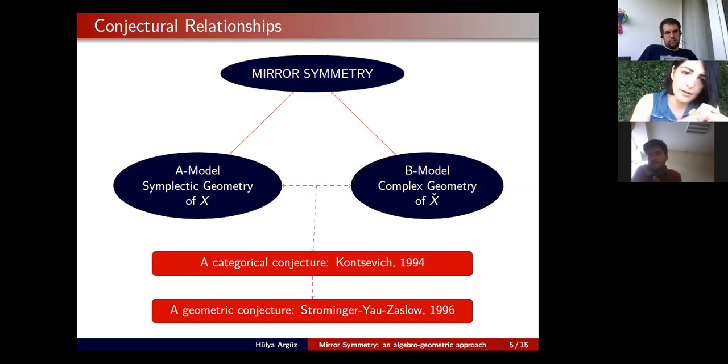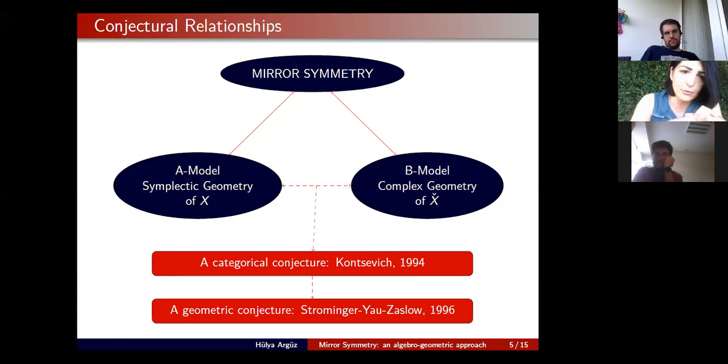However, apart from being useful for enumerative predictions, Kontsevich thought that there should be a deeper relationship between mirror manifolds, not only for enumerative invariants, but there should be a categorical equivalence.